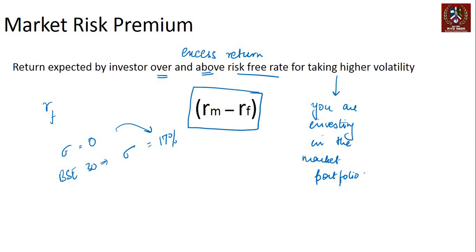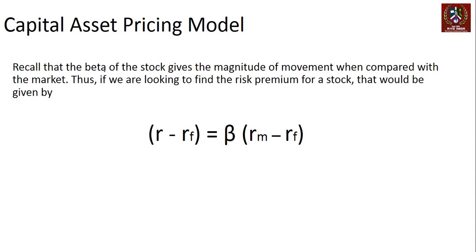Now recall also what we said about beta. Beta of any stock gives the magnitude of movement when the market moves, when you compare it with the market. So if you're looking to find the risk premium for a stock, how would you give that?